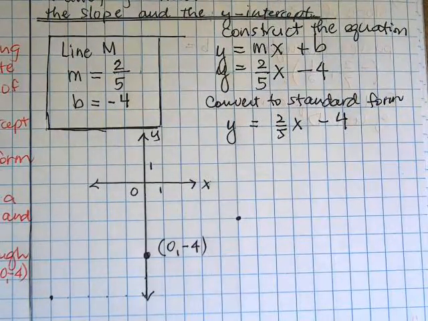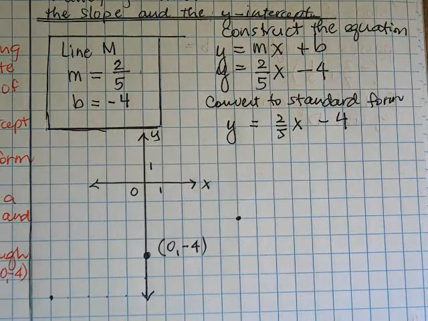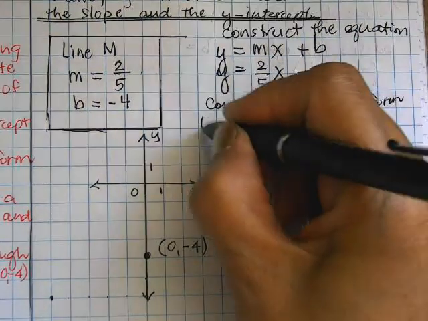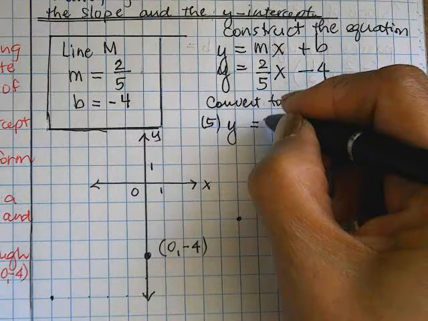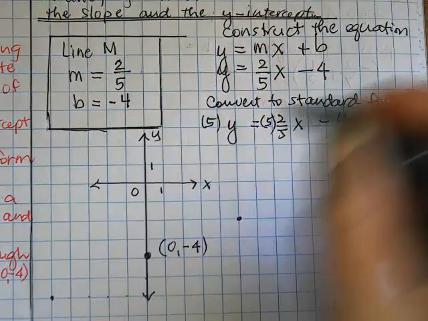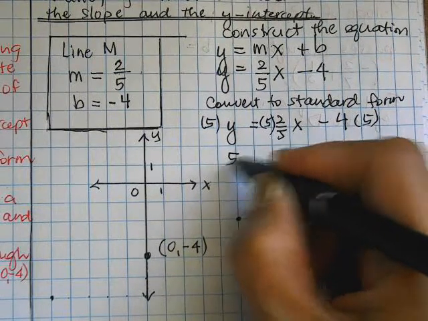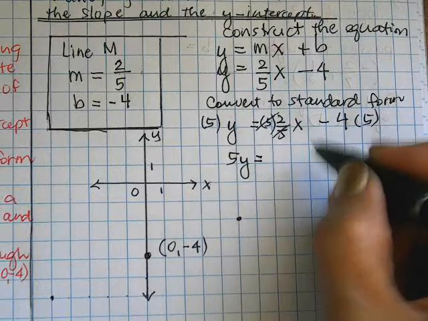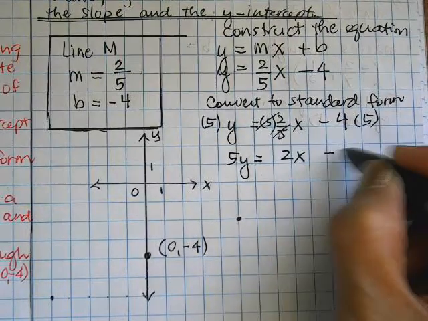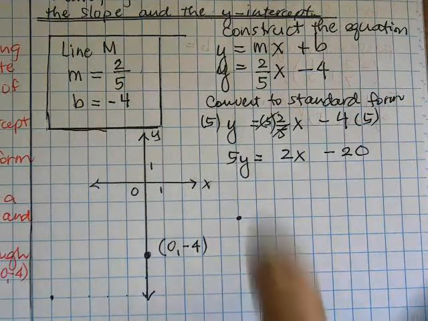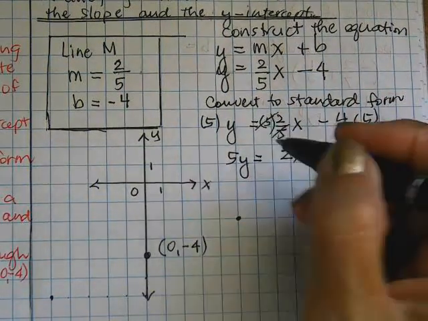All you have to do there is multiply each term by 5 to get rid of the denominator 5. So we multiply this by 5, this by 5, and this by 5. Now we have 5y equal to 2x minus 20. This is not yet in standard form because x should be on the other side.